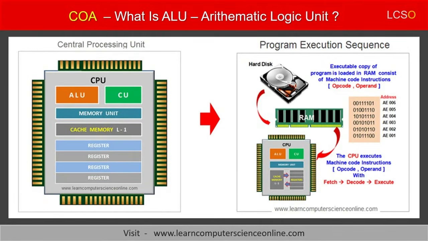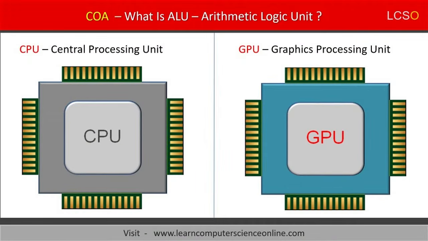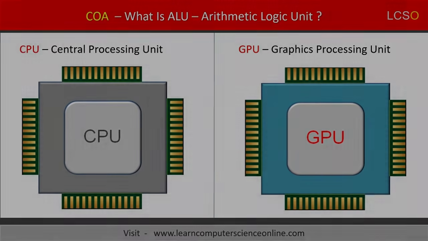The ALU is also a crucial component of the graphics processing unit, abbreviated as GPU. The GPU and the central processing unit, CPU, work together as a team for all the high-end computer systems, such as gaming computers.